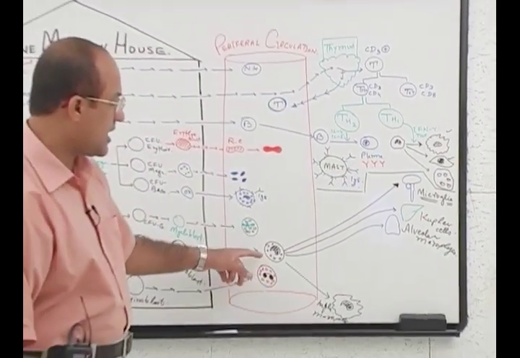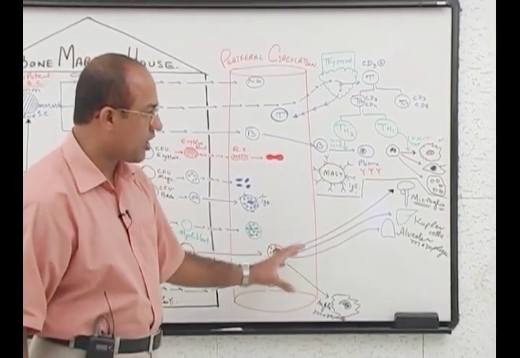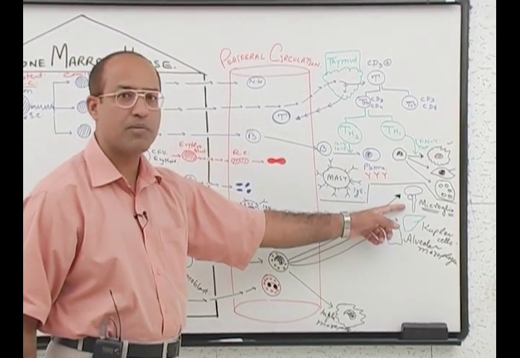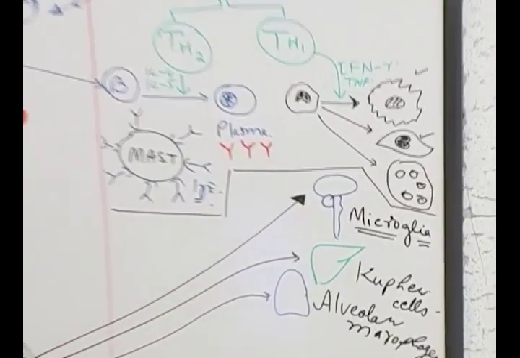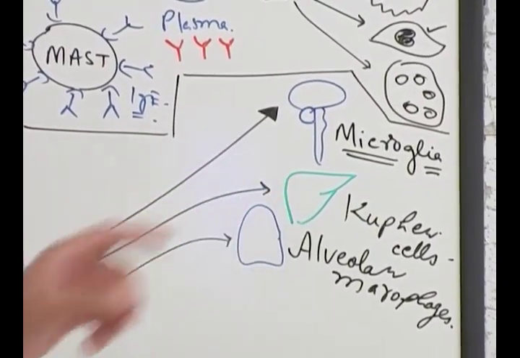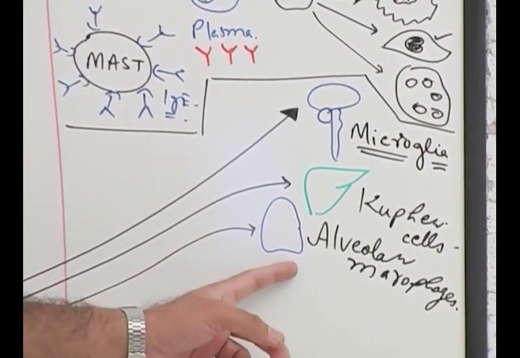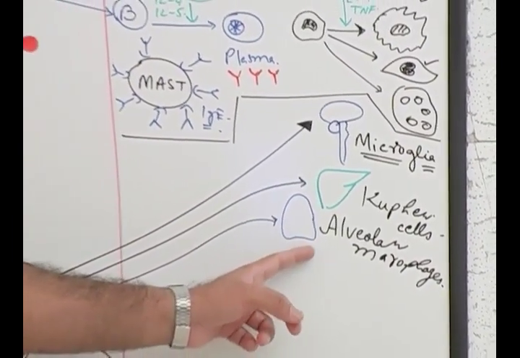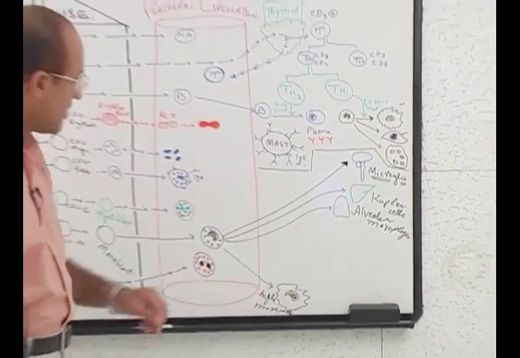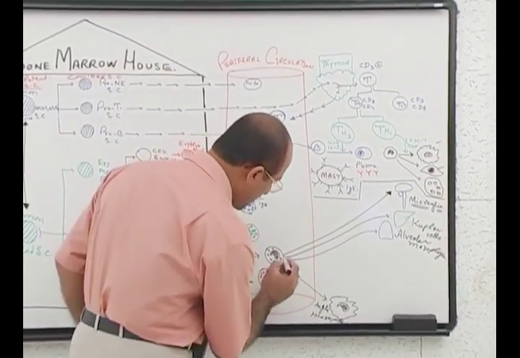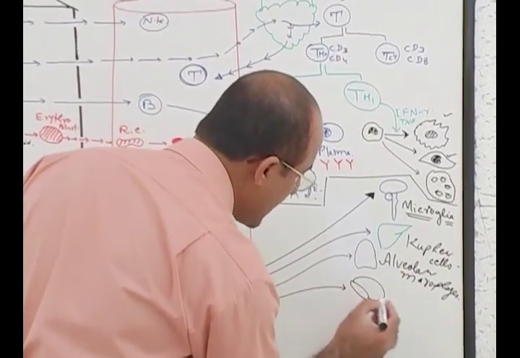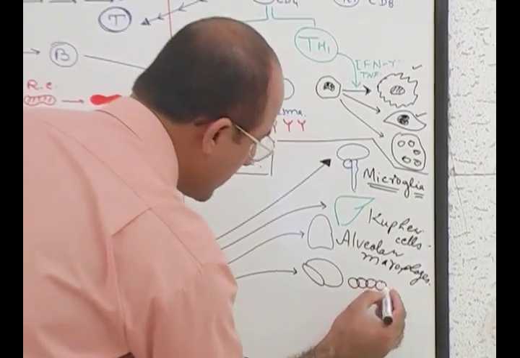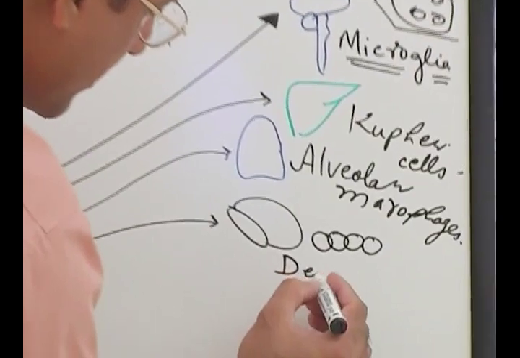Now we have seen that macrophages which physiologically shift to the central nervous system and become permanent residents there are called microglia. The cells which shift to the liver are called Kupffer cells. Similar cells which shift to the alveolar spaces are called alveolar macrophages. Then some of these cells shift to the spleen and the lymph nodes. These are called dendritic cells.